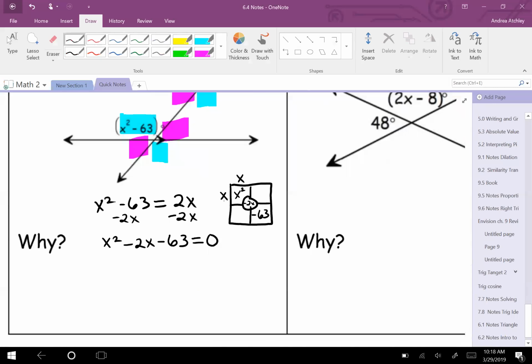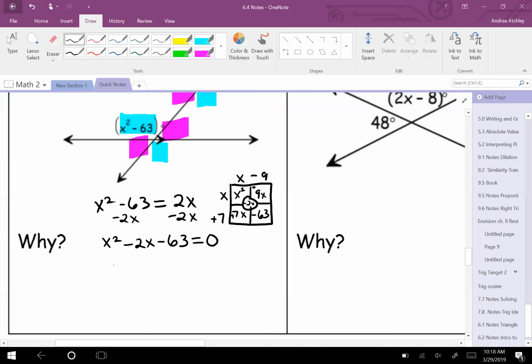Okay, x times x is x squared. What multiplies to 63? 9 and 7. So 9 times x is 9x. X times 7 is 7x. Okay, if I subtract, very good. The 9 needs to be negative to get the negative 2. The 7 needs to be positive to get the negative 2.